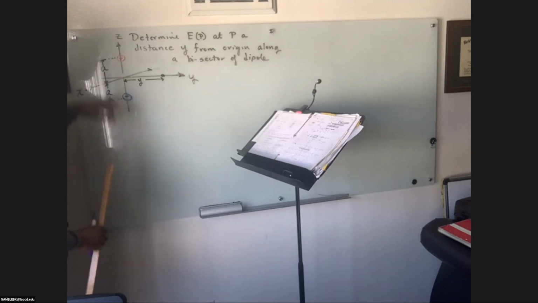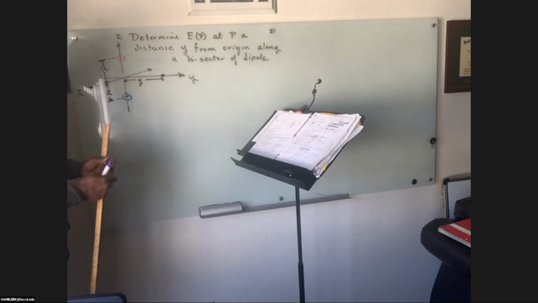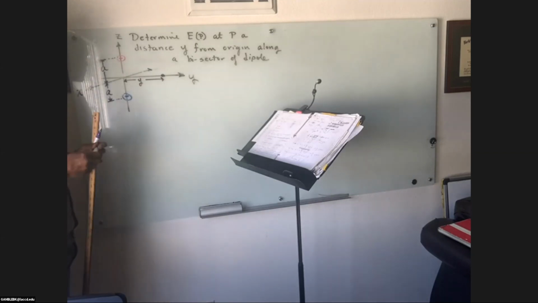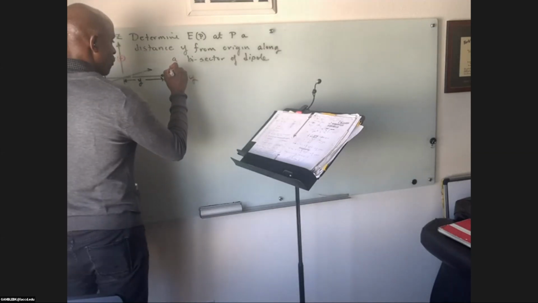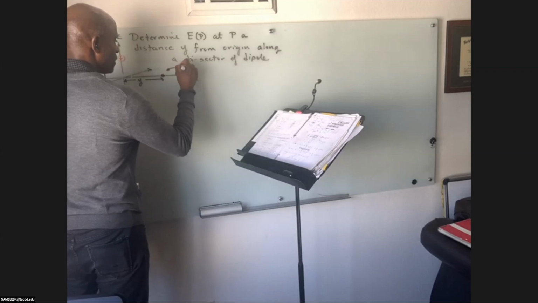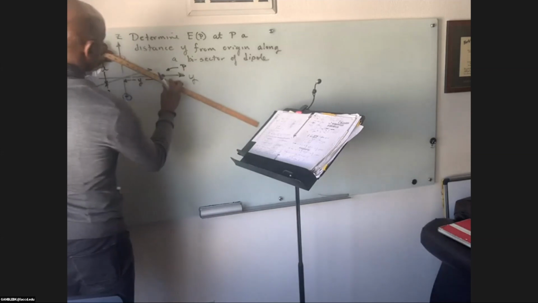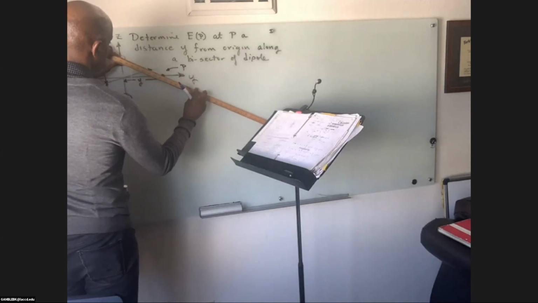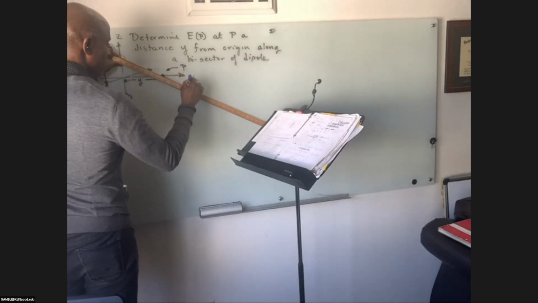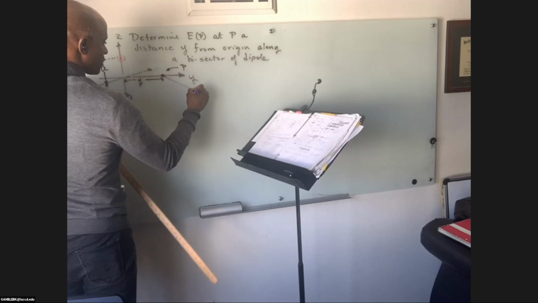And so the field line at point P associated with the positive charge, you've got to point radially away from the positive charge. So E1 along that line is going to be doing something like this. It's going to be in that direction.